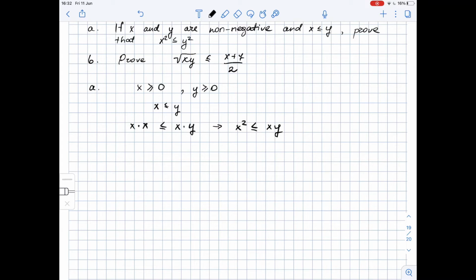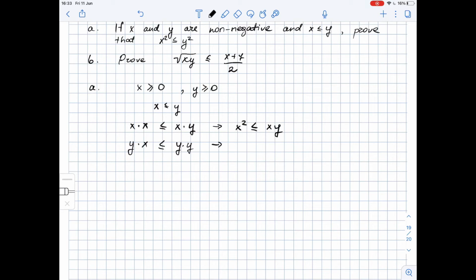Now let's look at this from another side. So if we multiply y by x and if we multiply y by y, obviously the right side will be greater again because we know that y is greater than x. Since y is multiplied by a greater number, the right side is greater.